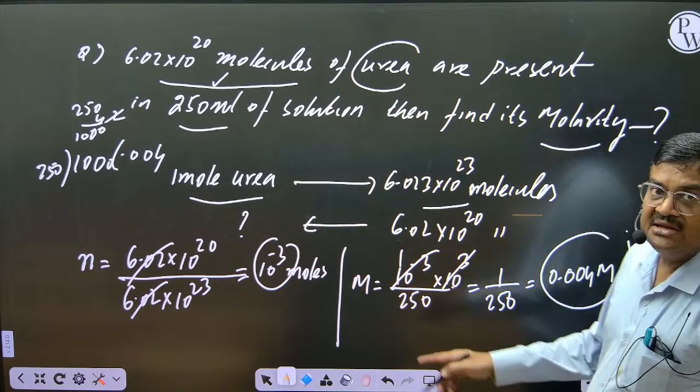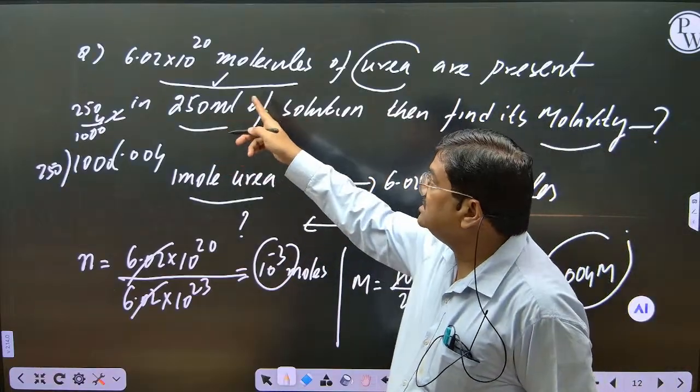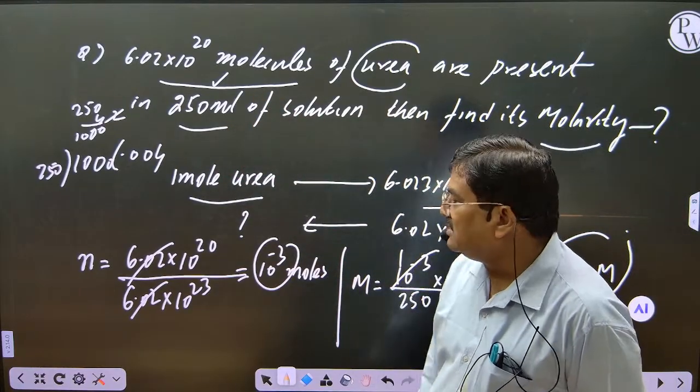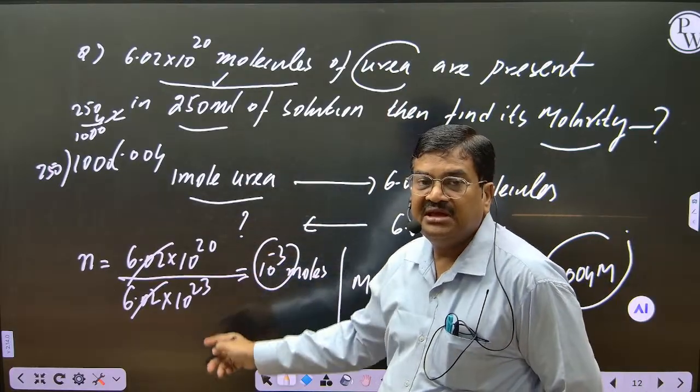So understood? Directly, moles he has not given. What we are doing is bringing these molecules into moles. By what way? Given molecules divided by Avogadro number.